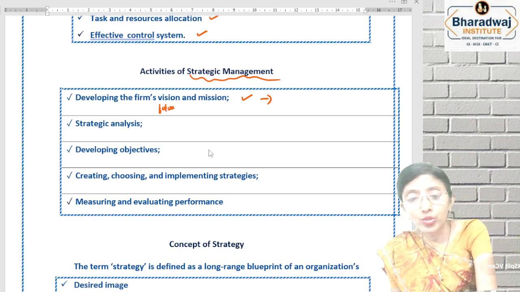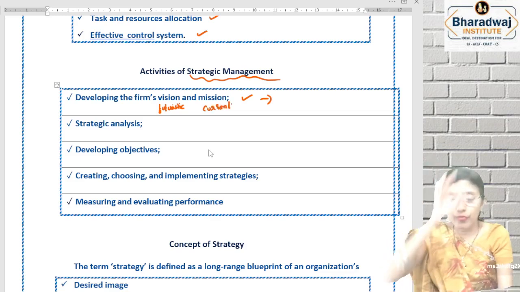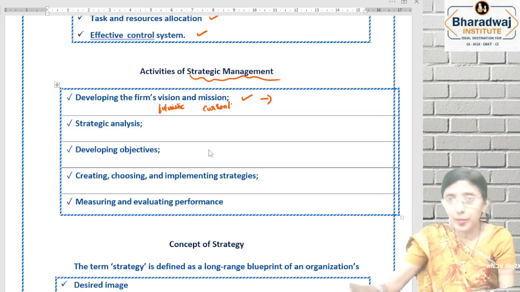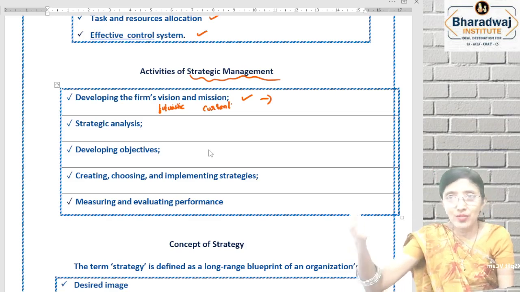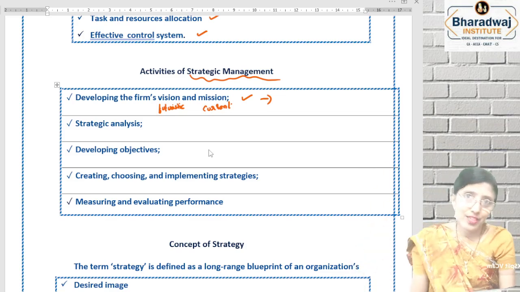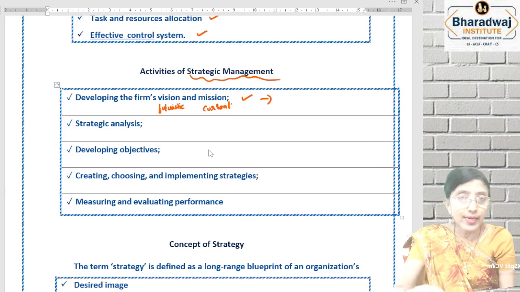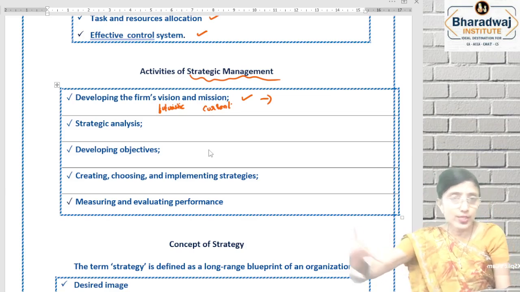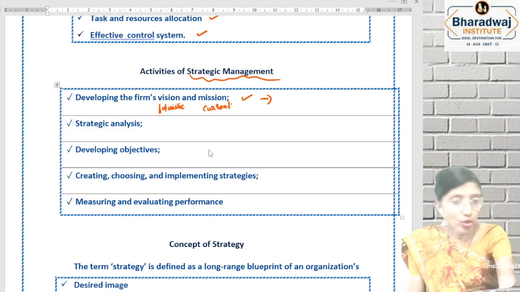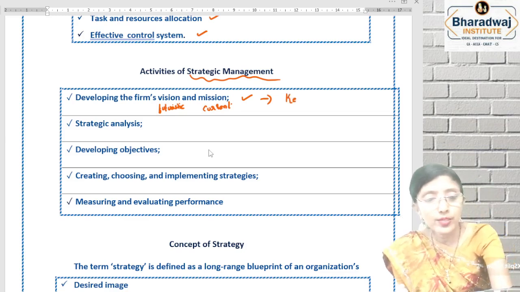So this is futuristic and this is current. Please note that point very clearly. And very often, almost in all papers, the difference between vision, mission, goals, objectives is there every time. Okay. So we are very clear what a vision is and what a mission is, and mission is a message for your key stakeholders.